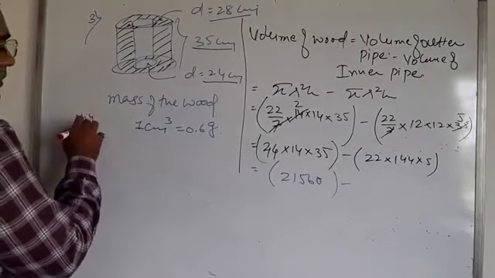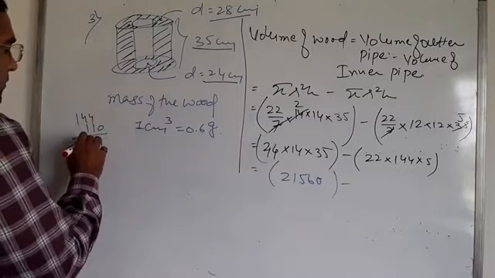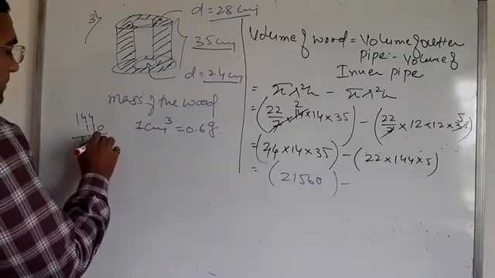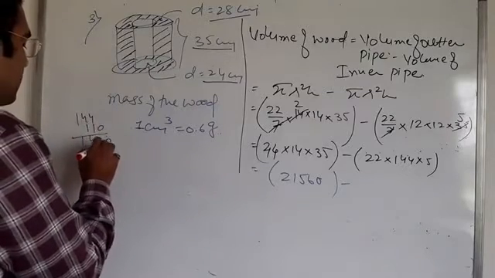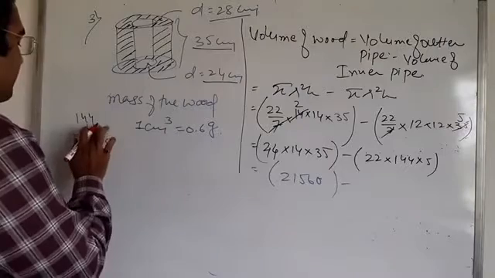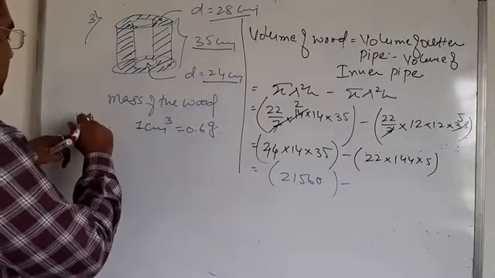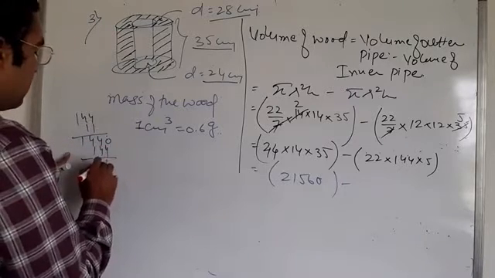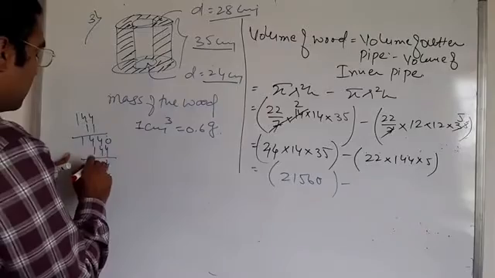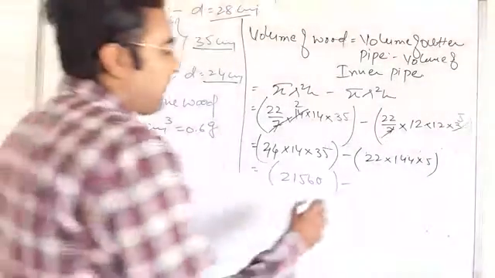Now 144 into 110, that is 4 1s are 4, 4 1s are 4, 1 1s are 1, and so on, that is 4 plus 4 is 8, 4 plus 1 is 5, 15840. My answer for that is 15840.